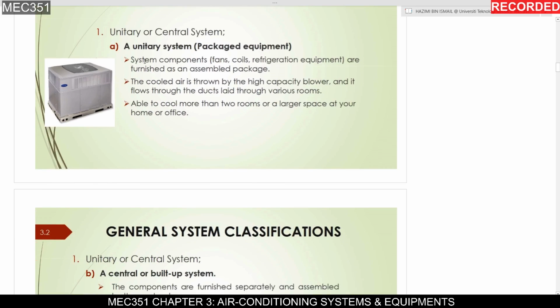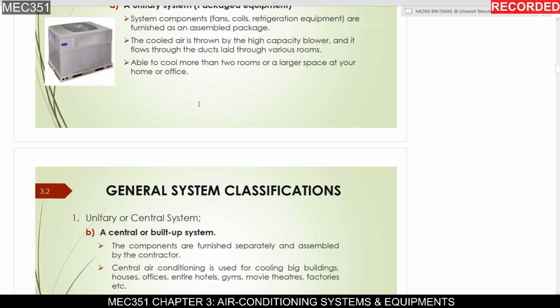Some system components, fans, coil, refrigeration equipment are furnished as an assembled package like this. The cool air is thrown by the high capacity blower, and it flows through the duct to various rooms, able to cool more than 2 rooms or larger space at your home or office.